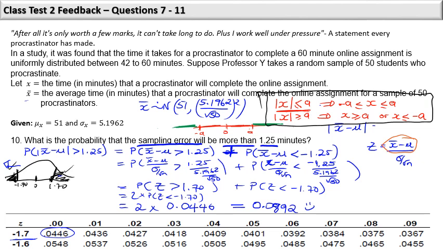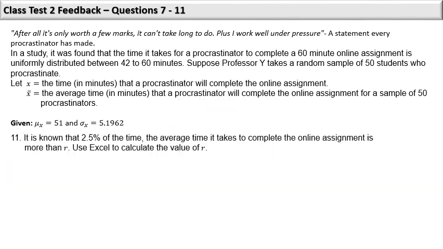All right, good people, now we can do the last question. We are asked, it is known that 2.5% of the times the average time. Okay, we don't even need to read further now. We know that we are dealing with the average, so which variable are we dealing with? We're dealing with x bar.